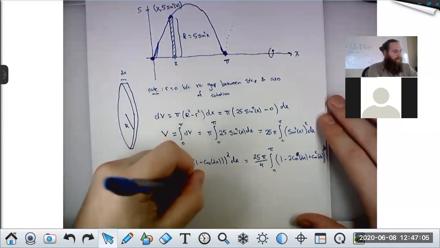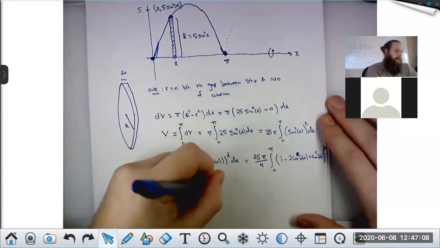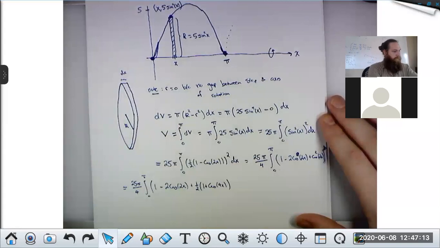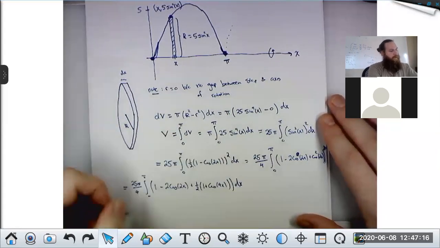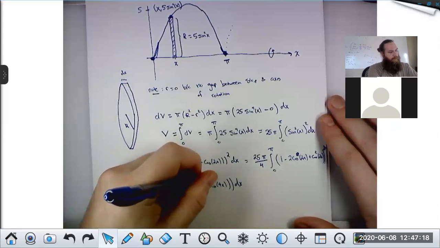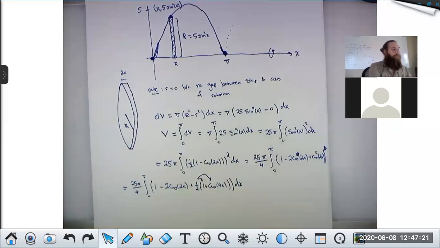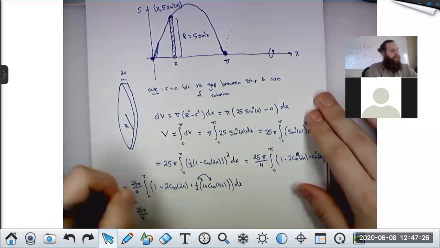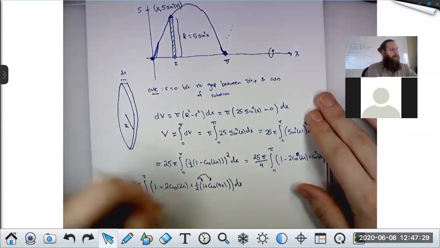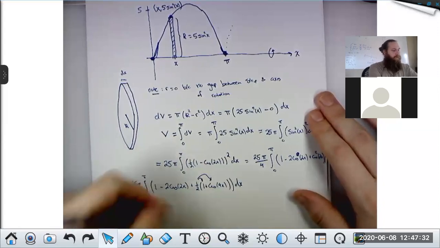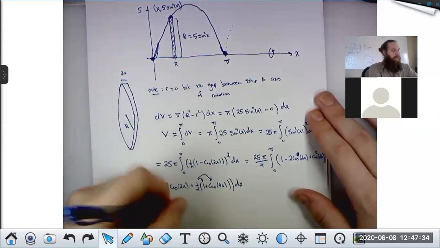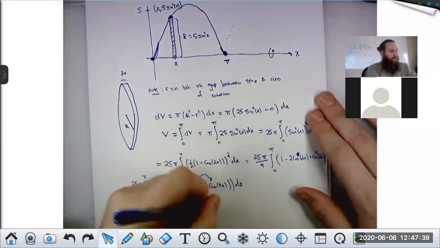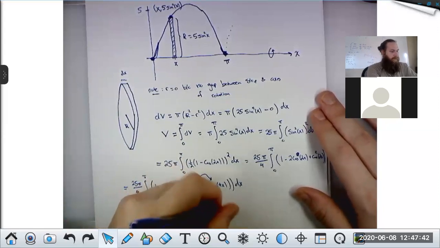Now I rewrite cos squared 2x as 1/2 (1 plus cos 4x), and then I can distribute the 1/2 and combine my like terms, and I get 25 pi over 4 integral 0 to pi of 1 plus 1/2 is 3/2, minus 2 cos 2x, plus 1/2 cos 4x dx.